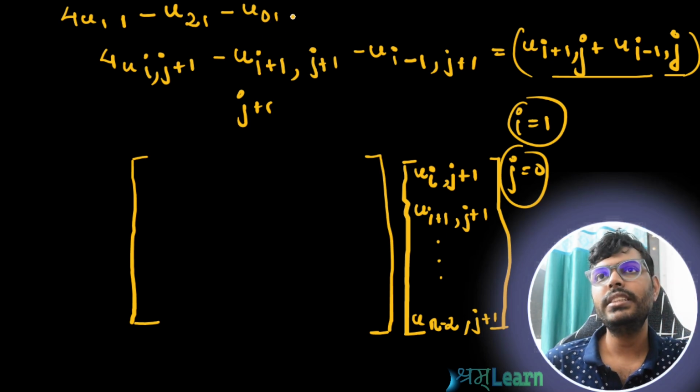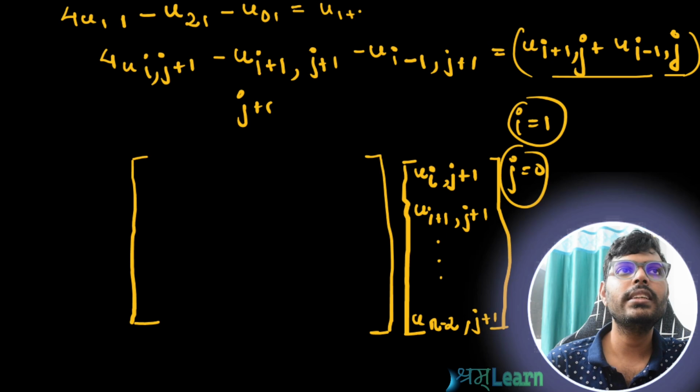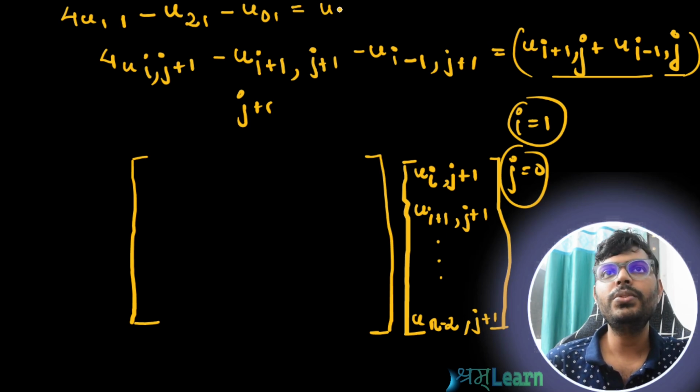u01 is our initial condition, fine, and that is equal to u(i+1), which is nothing but i is 1 in this case, u20 plus u00.